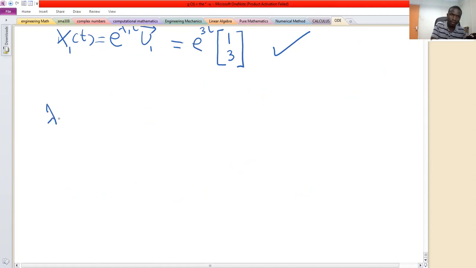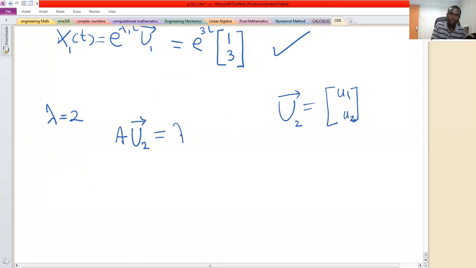Quickly, let's solve for the second eigenvector. So lambda equals 2. Let our eigenvector be u2, given by u1, u2. So we expect to solve the vector equation A u2 equals lambda 2 u2.